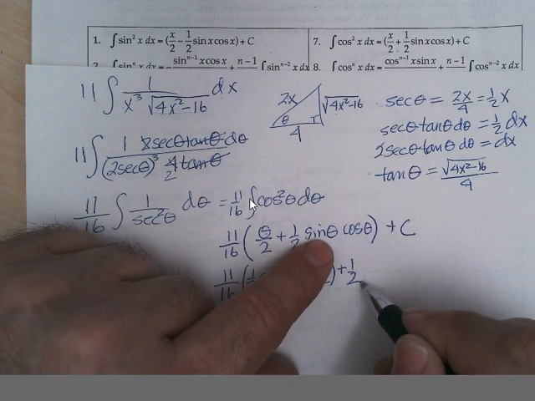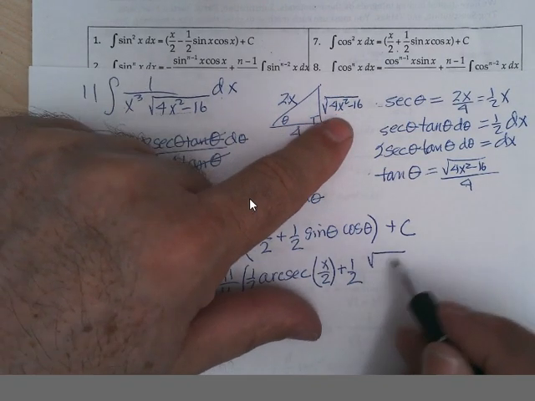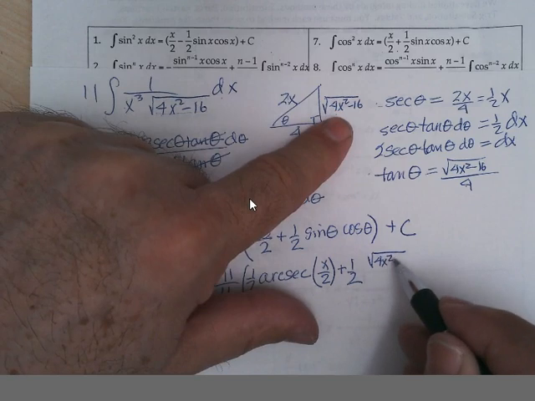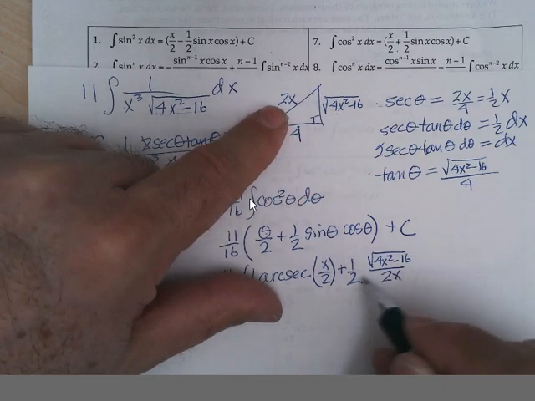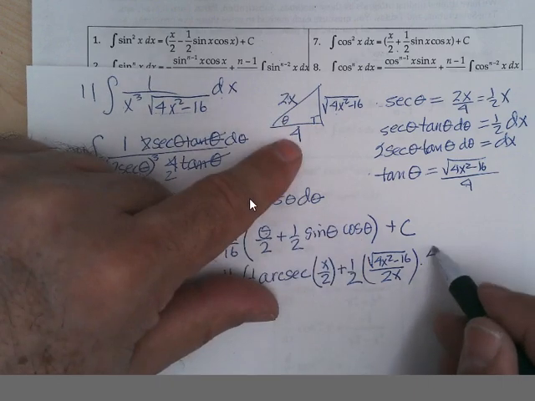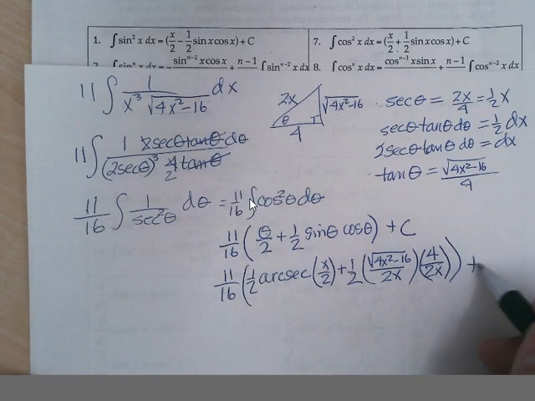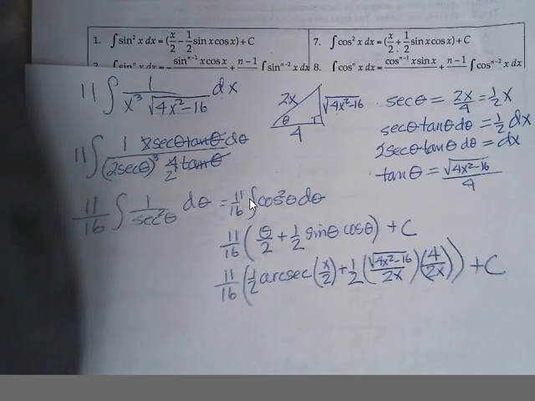What's the sine? The sine is the square root of 4x squared minus 16 over 2x. And what's the cosine? It's 4 over 2x. And we're done.